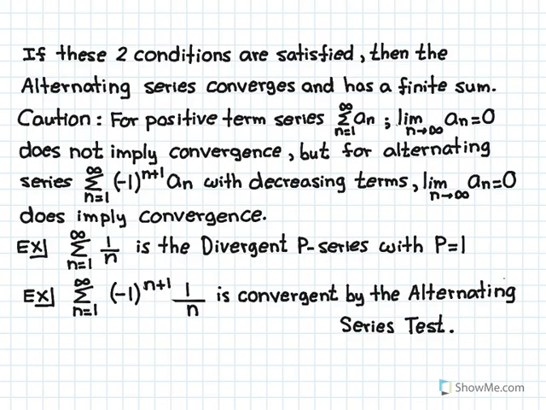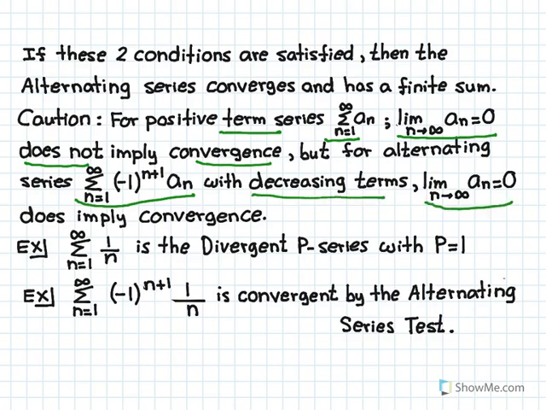So there's a caution. For positive term series, summation a_n, the limit as n goes to infinity of a_n equal to 0 does not imply convergence. But for alternating series, summation n equals 1 to infinity minus 1 to the n plus 1 times a_n, with decreasing terms, the limit as n goes to infinity of a_n equal to 0 does imply convergence.